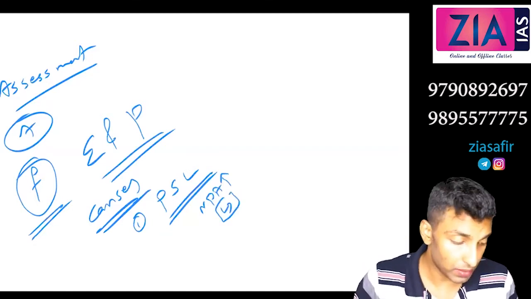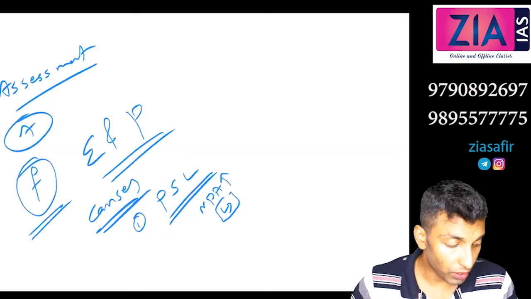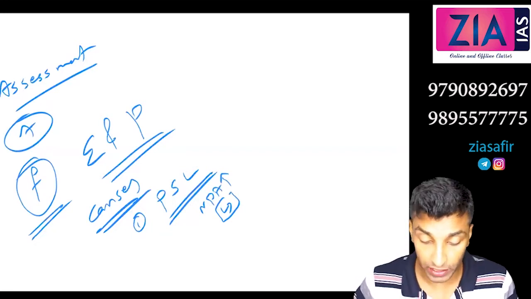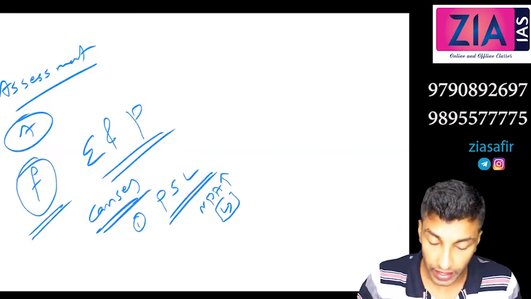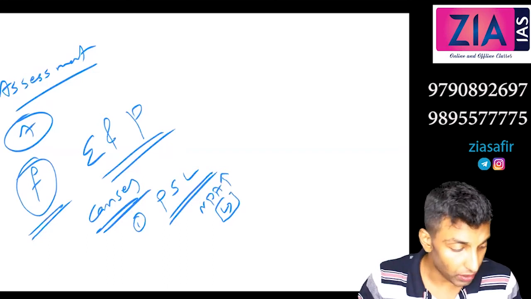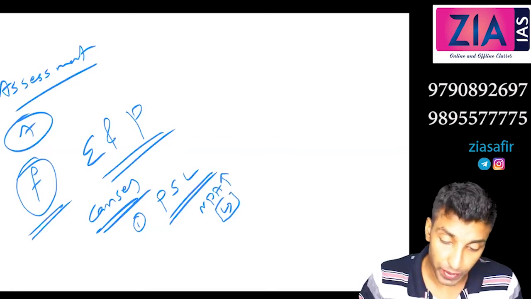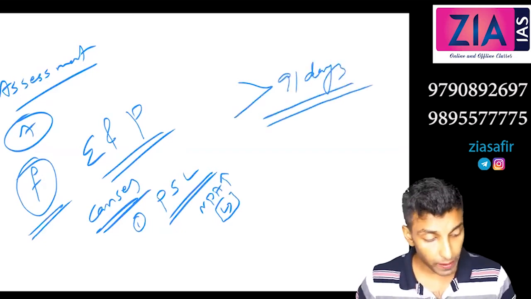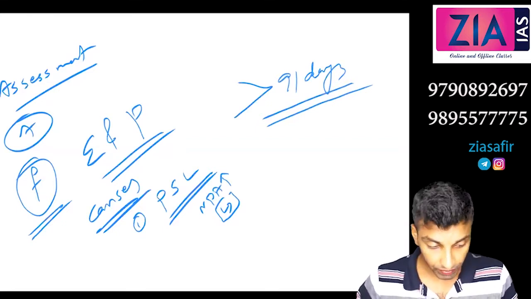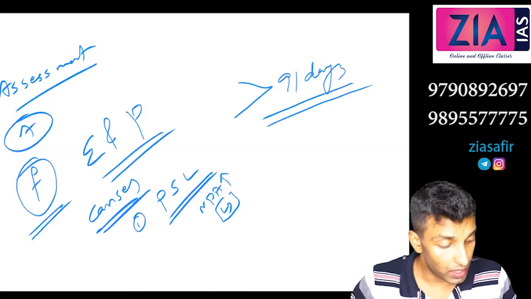These are bank loans on which installment of principal or interest remains overdue for a period of 91 days or more.